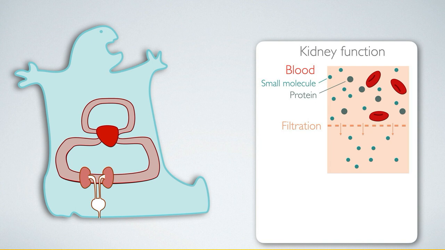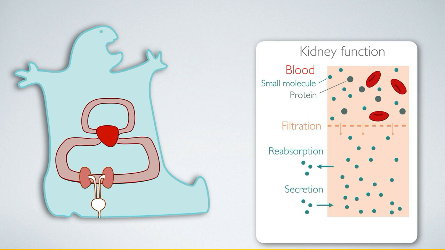But then there's a little bit more to it than that. We want to reabsorb the nutrients. We want to secrete or deposit further toxins into the urine. And ultimately, we want this concentration, this solution, to be tuned so that the osmolarity of the blood remains relatively constant.